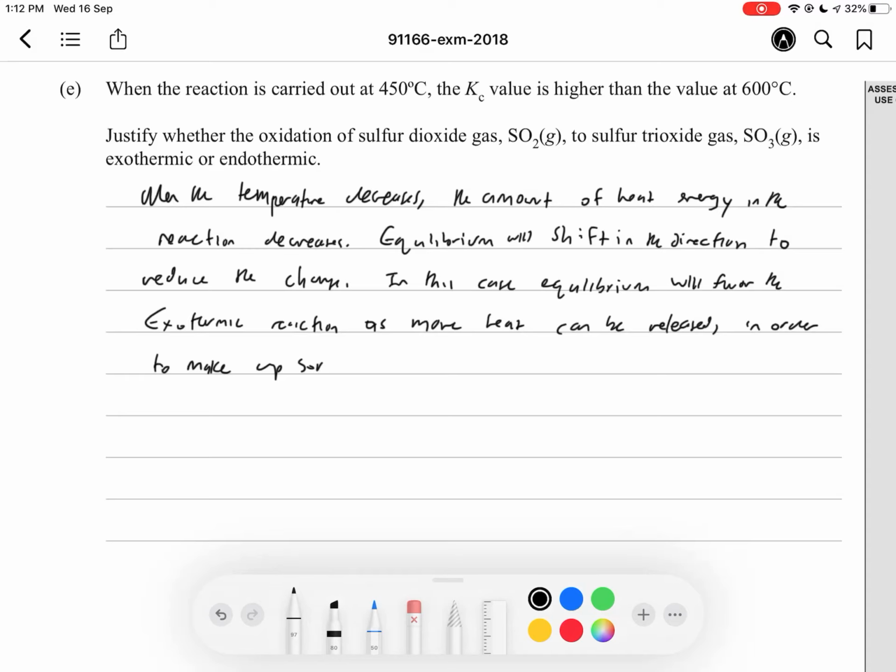So to make up some of the, well, not really lost heat, but to make up the decrease in heat, probably is better. To make up the decrease in heat energy. So basically we're just saying that it's shifting in the direction to produce more heat. So shift in direction to produce more heat.